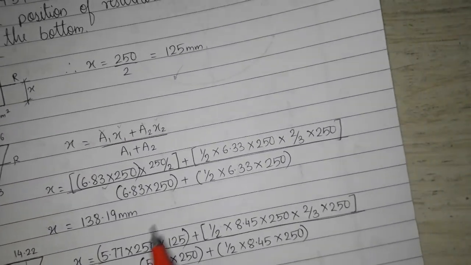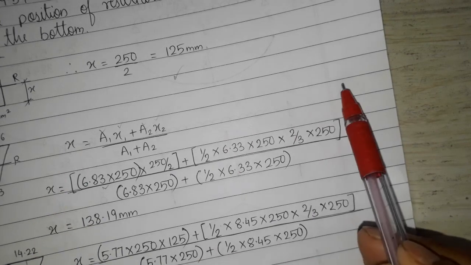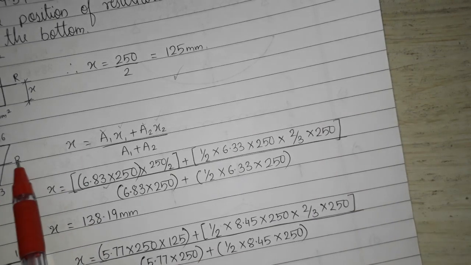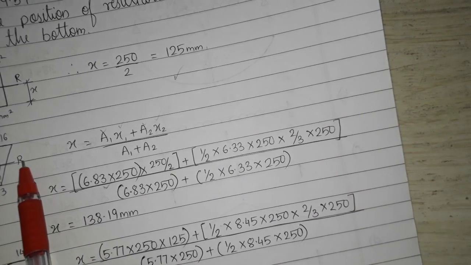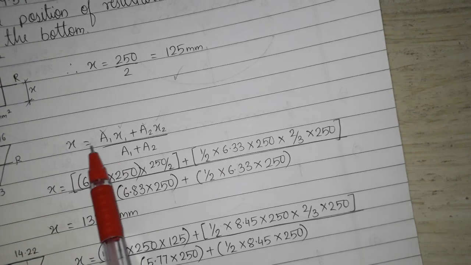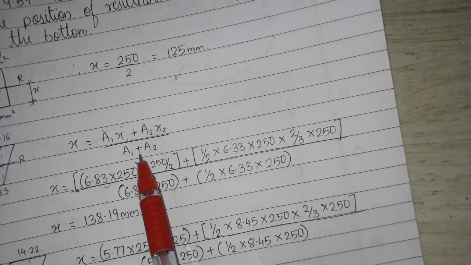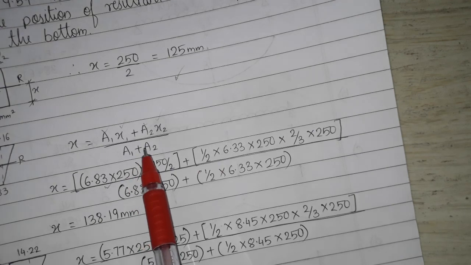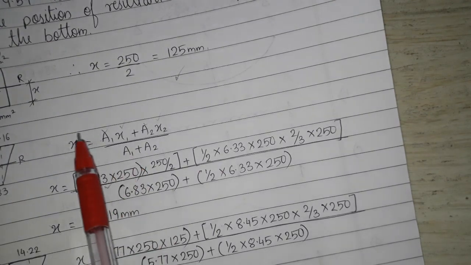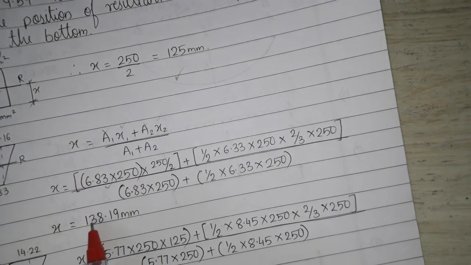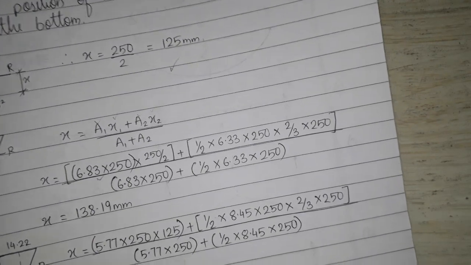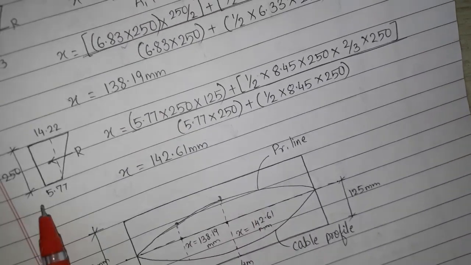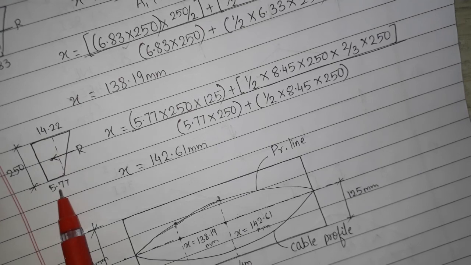Then you calculate the location of the resultant force or resultant stress based on the formula A1 Y1 plus A2 Y2, like how you locate the CG based on that equation. Then again for mid span we have the stress distribution diagram.